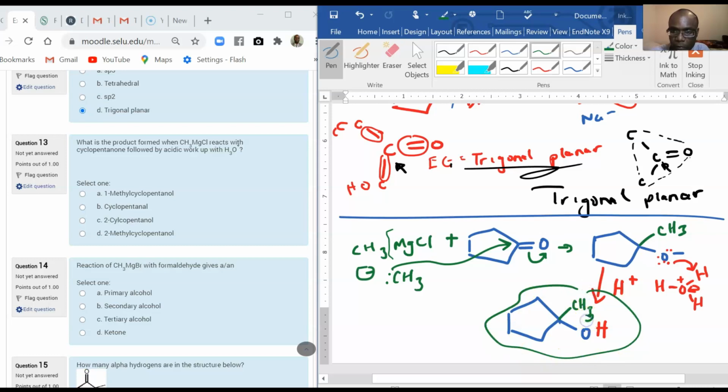So whenever you do Grignard with ketones, you convert the ketone to a tertiary alcohol. So the ketone is converted to a tertiary alcohol. So the name of this tertiary alcohol will be, okay, it's a cyclopentanol.